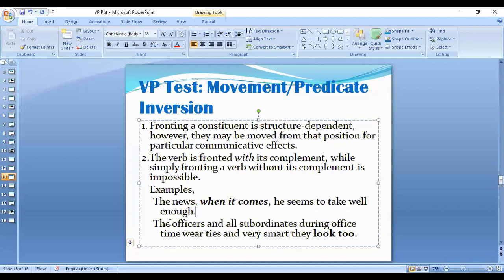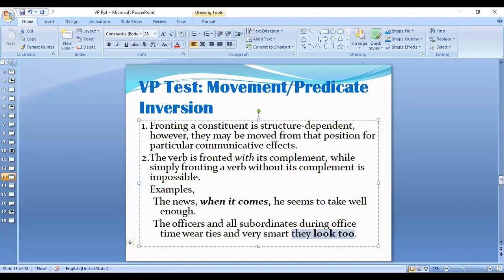Next is here: the officer and all subordinates. Other staff under this officer during office time wear ties and very smart they look too. Here we can say that "they look too" is actually moving, fronting ahead, "very smart".